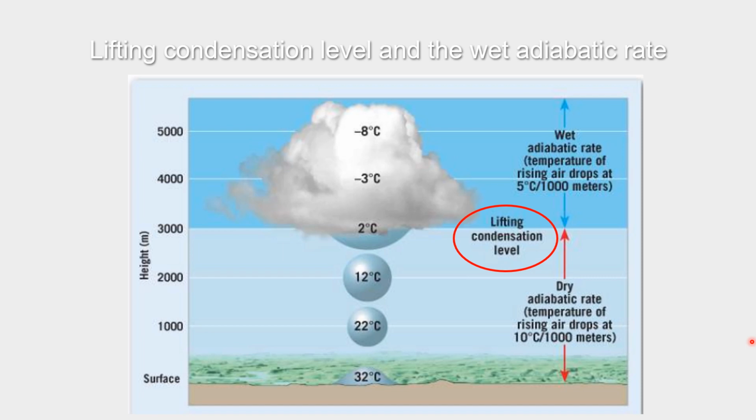This is just an example to give you a review of how saturation happens again. As the air is saturated and it slows down the cooling, that's what we call wet adiabatic cooling, and the rate is called the wet adiabatic rate.